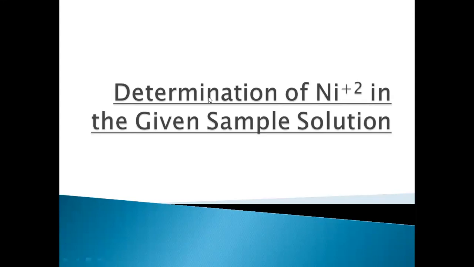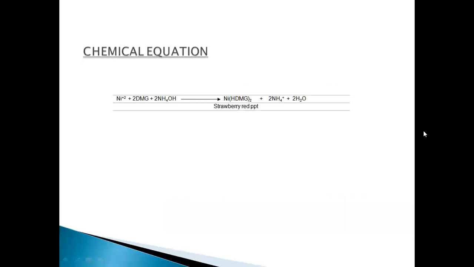The title of the experiment is Determination of Nickel in the given sample solution. The chemical equation involved in this experiment is: nickel Ni2+ will react with DMG, dimethylglyoxime, in the presence of ammonium hydroxide, also known as ammonia, and as a result strawberry red precipitates of nickel DMG complex will form.